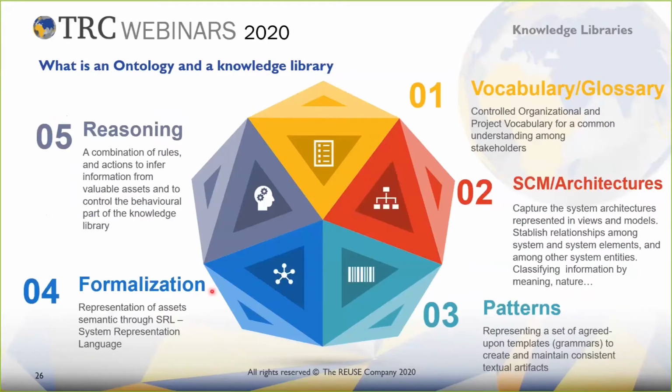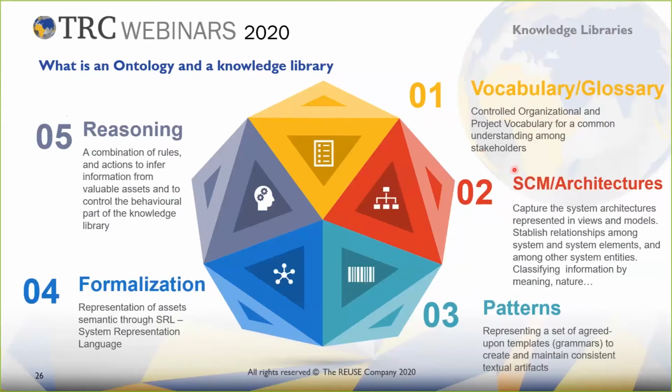So we distinguish 5 layers in our ontologies and knowledge libraries, starting with the foundation, let's say, of this building. We have the terms, the vocabulary, in the first layer. Those are controlled organization and project vocabulary for a common understanding among the stakeholders.